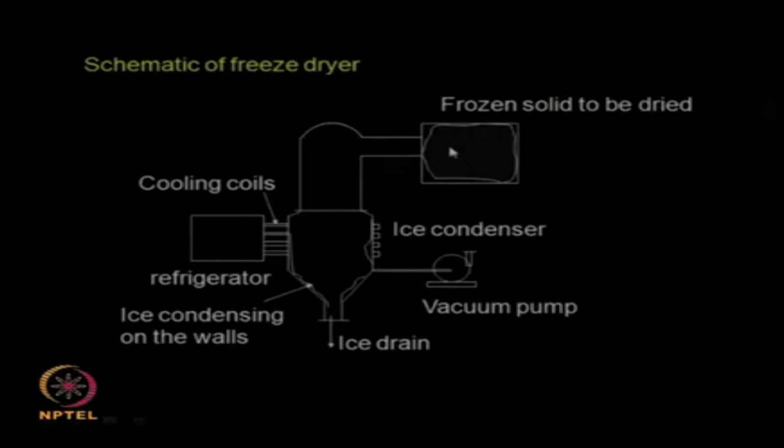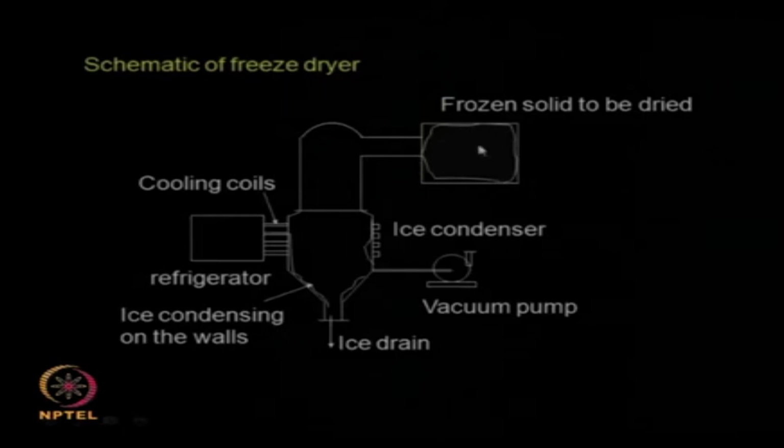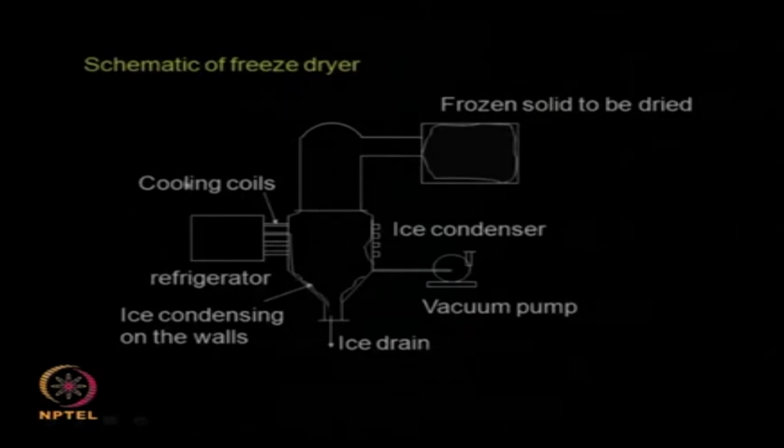So the ice becomes vapor, comes down, condenses here, and again forms ice on the wall. This is giving you the required vacuum. So you are applying vacuum here, at the same time the temperature is high enough for the ice to directly go into vapor, which is condensed here and collected here. Here you have a refrigeration system which keeps the temperature of the surface low. This is how a large scale freeze drying unit works actually.